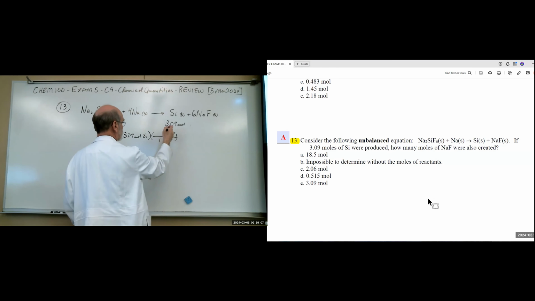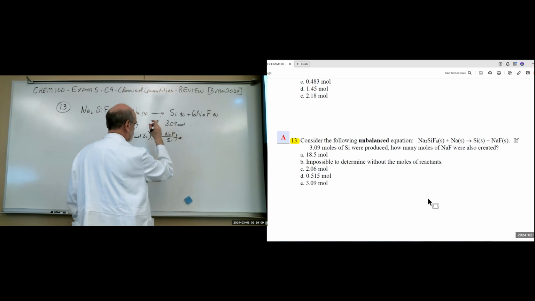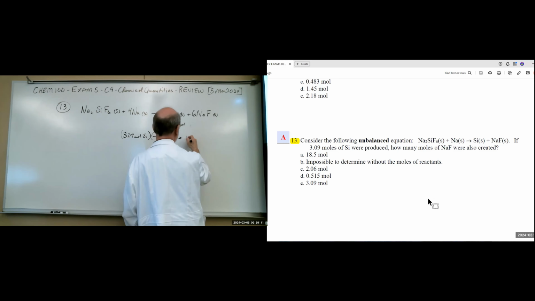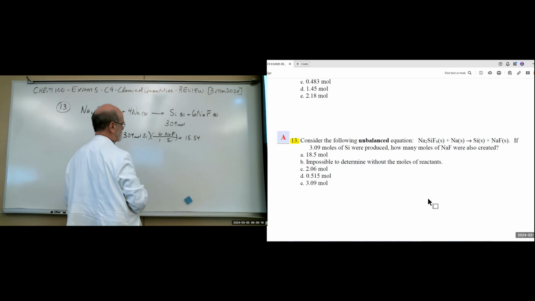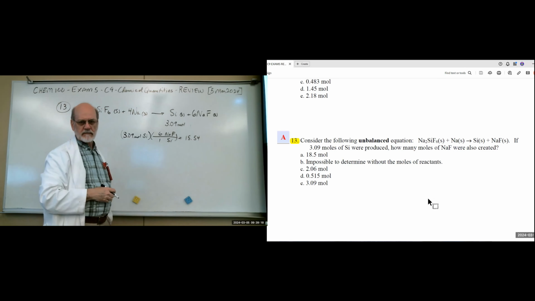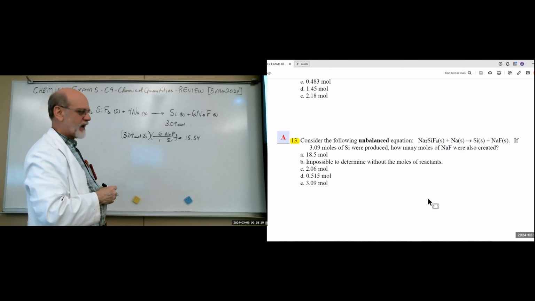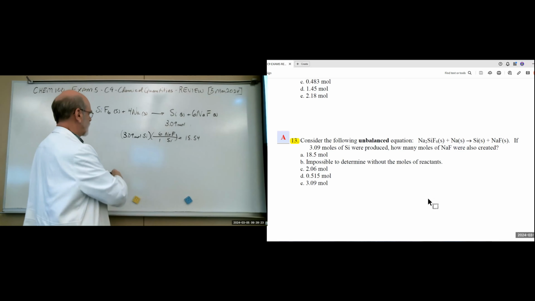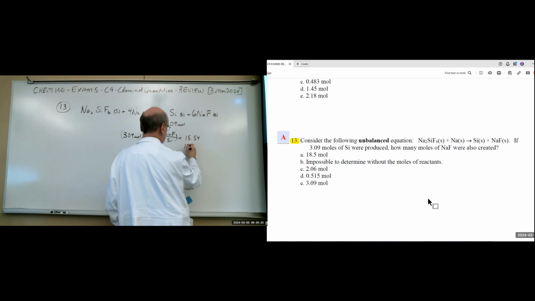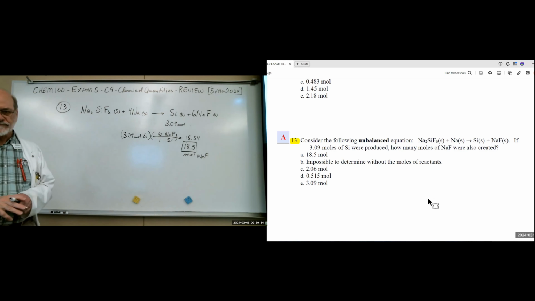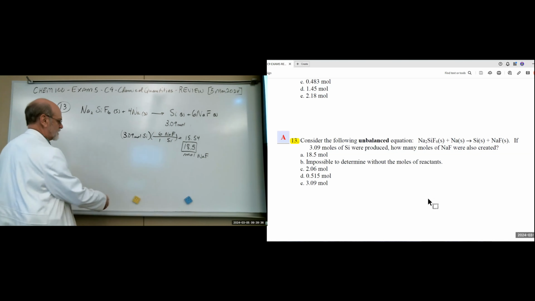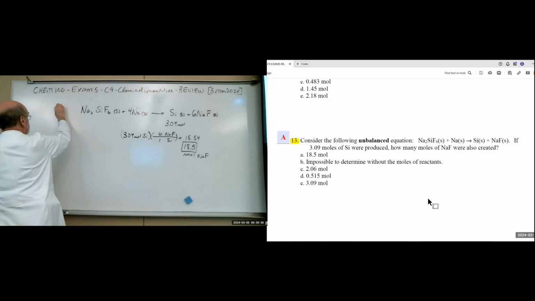There's only 1 here, but there's 6 there. So 6 times that value, which is 18.54, should be rounded off to 18.5. Right. 3 significant figures. 18.5. That's moles of sodium fluoride. All right. That's number 13.